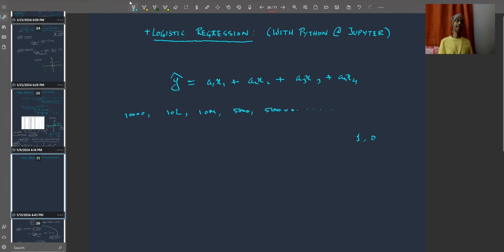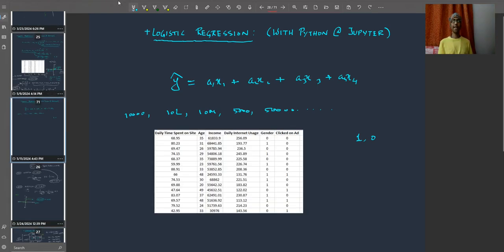Let's look at the data that we are going to use for our coding. So this is the data related to social marketing ads, and our dependent variable is whether a person clicked on the ad or not, right? Clicked on ad or not. This is our y.